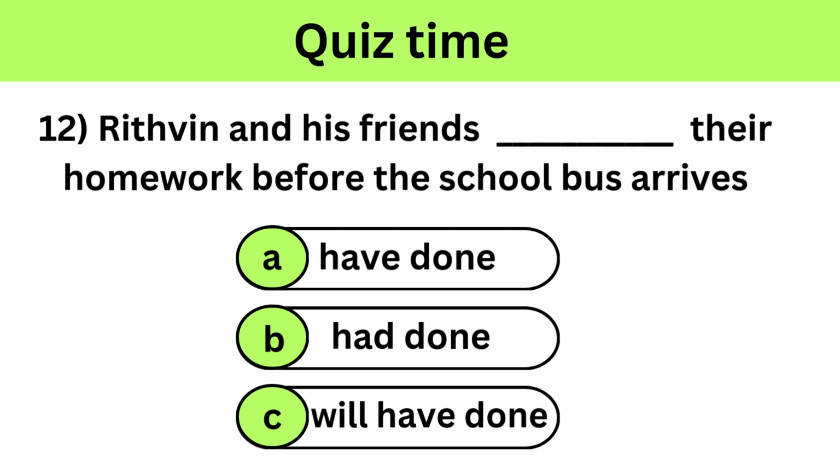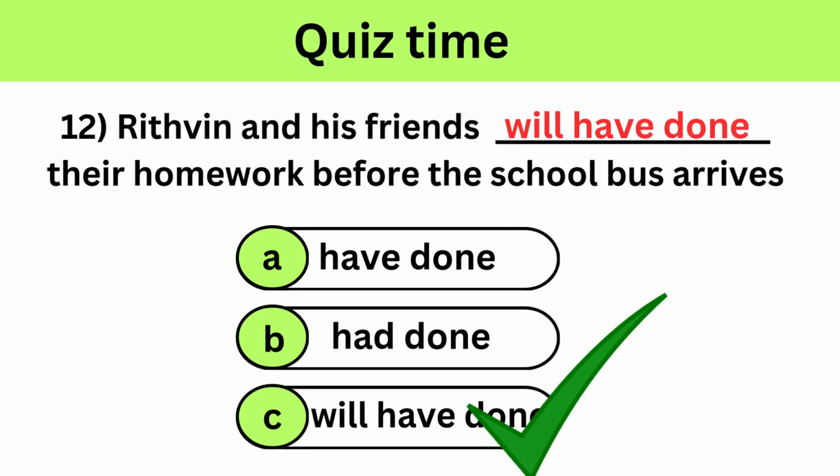Question number 12. Ritwin and his friends dash their homework before the school bus arrives. Option C, will have done. Ritwin and his friends will have done their homework before the school bus arrives.